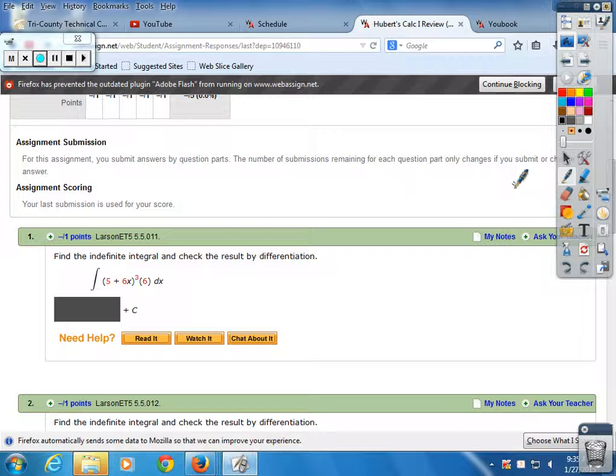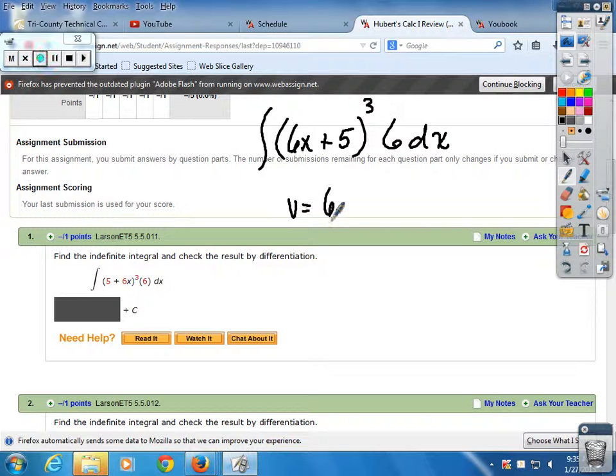Alright, first thing you do is, I would rewrite it. Antiderivative of 6x plus 5 raised to the third power times 6 dx. U is equal to 6x plus 5, du is equal to 6 dx.